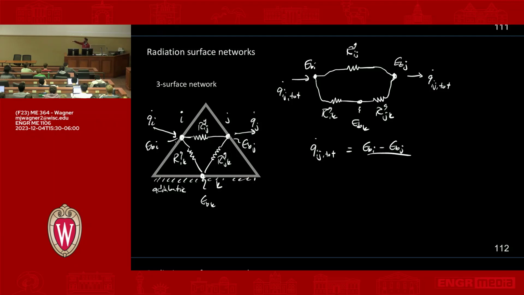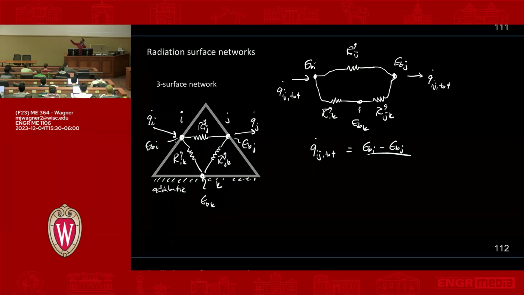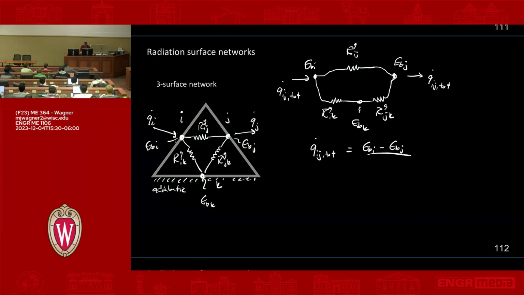To capture this, I need the total resistance associated with both of those pathways. So this would be RG IJ total. A couple things to point out: I did not involve EBK in this yet.